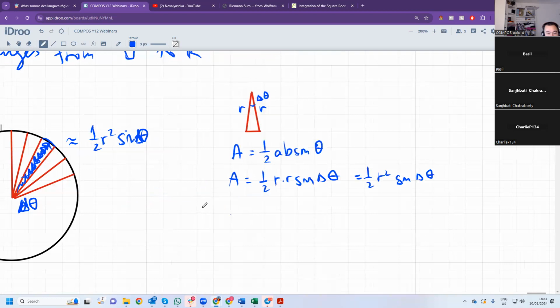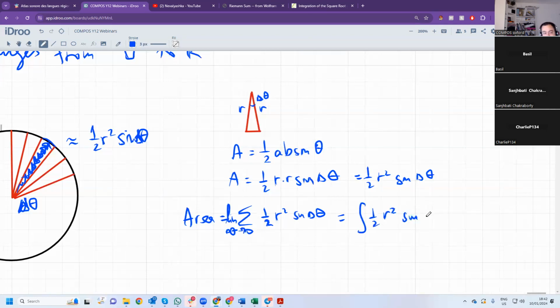So the total area is the sum of 1/2 R squared sine delta theta, in the limit as delta theta tends to 0. So it's the integral of 1/2 R squared sine d theta. Aha, okay. It does get tricky.